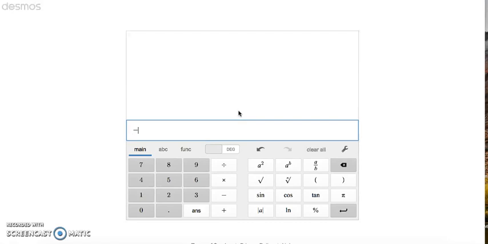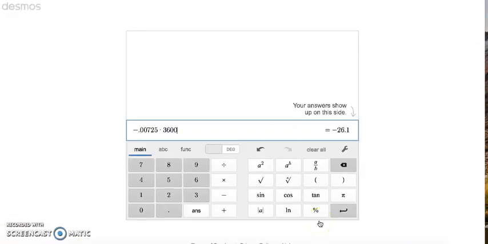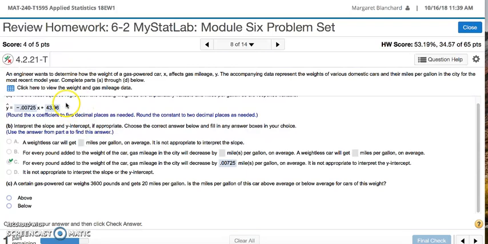So first we're going to do negative 0.00725 and multiply it by that weight that it was asking. Remember here, that's the 3,600 right there, and that's negative 0.00725 right here. So we're going to do that part first, and then once we have that, we're going to do negative 26.1, and we're going to add that second part, that 43.96 from our equation.